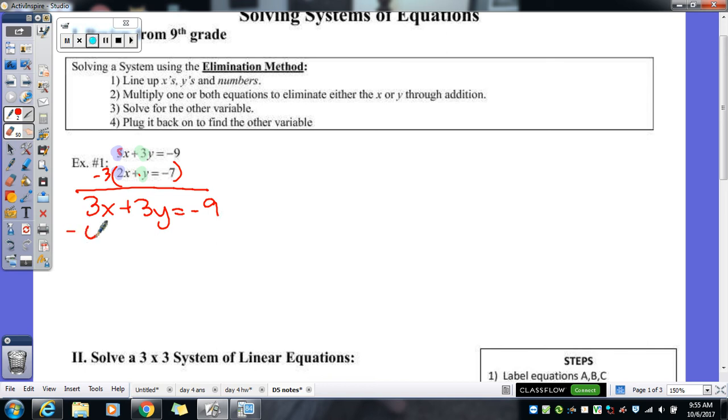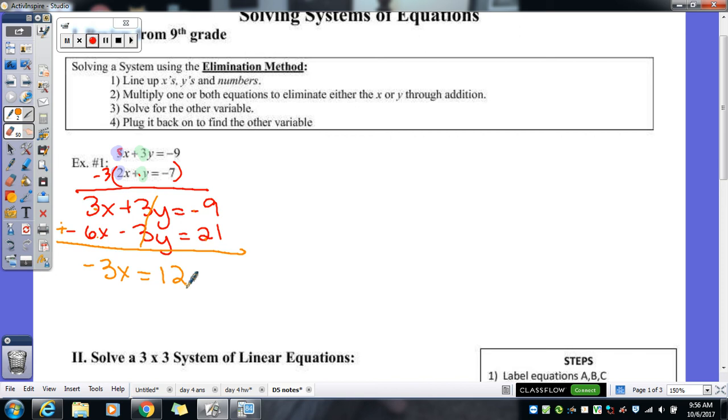So I get a negative 6x minus 3y equals a positive 21. So we just distributed. Now we can add the two equations together. 3x minus 6x gives me a negative 3x. Our y's cancel. The negative 9 plus 21 gives us a 12.